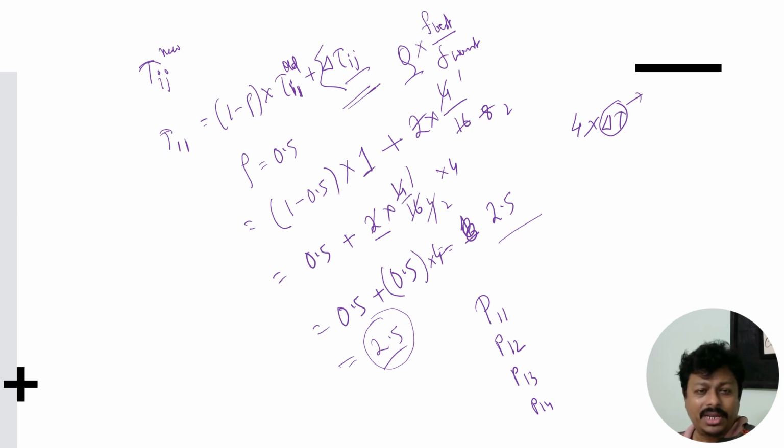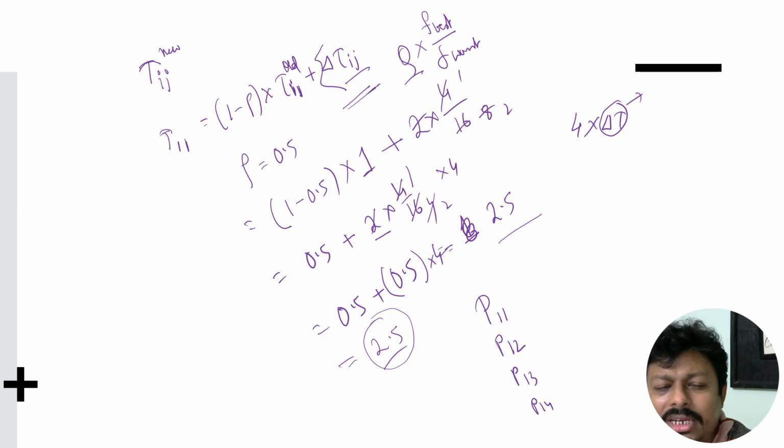And for finding the new tau, we are using this formula: 1 minus rho multiplied by the old tau, plus summation of del taus. Summation of del tau means 5 ants have traversed the path. So for each ant there will be a certain amount of new pheromone, and those are added.